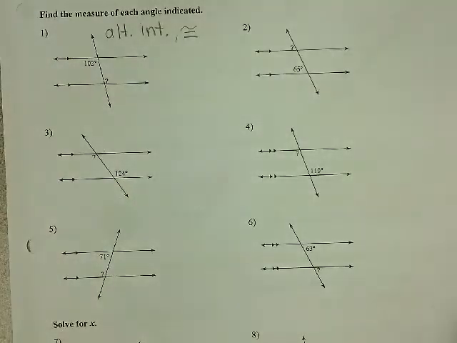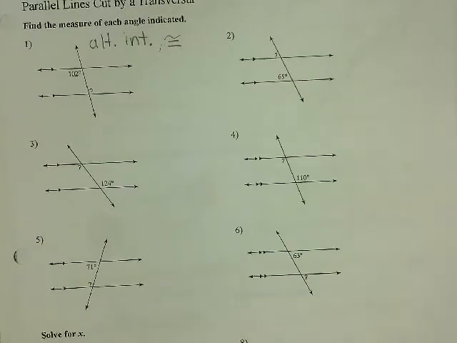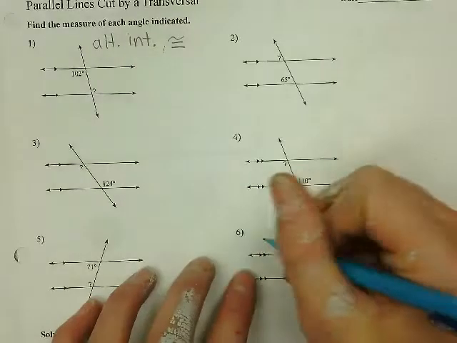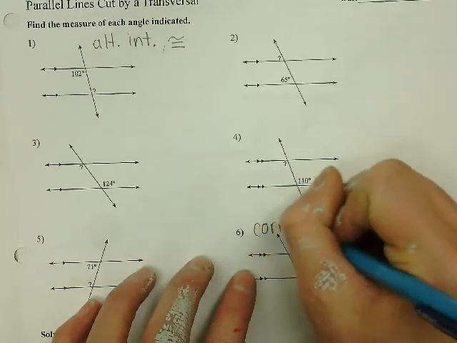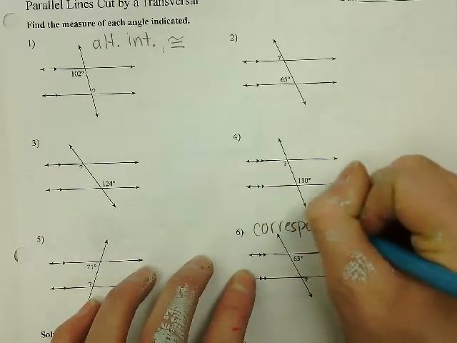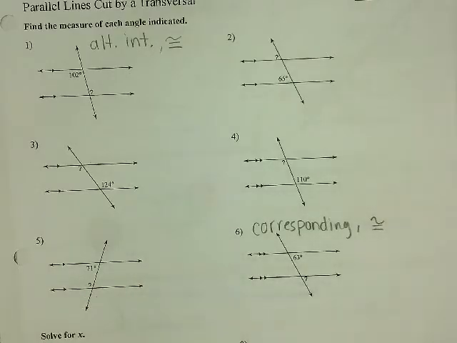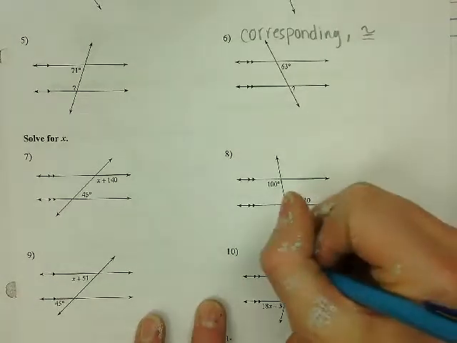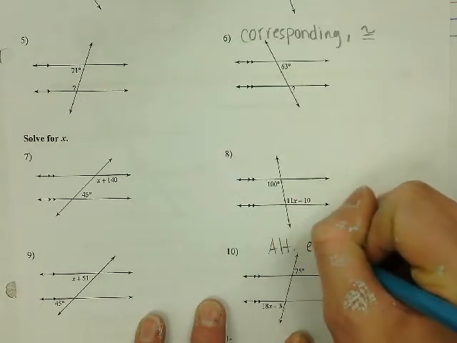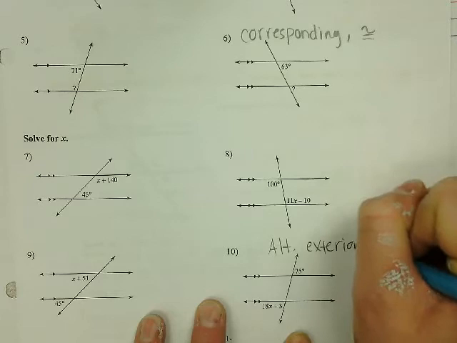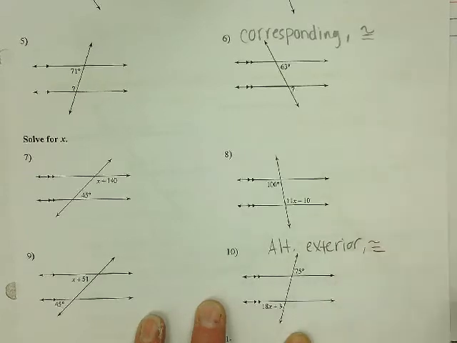So then this one, number 6, would be corresponding. And they are congruent. All right? So even down here, like number 10, alternate exterior, and they are congruent.